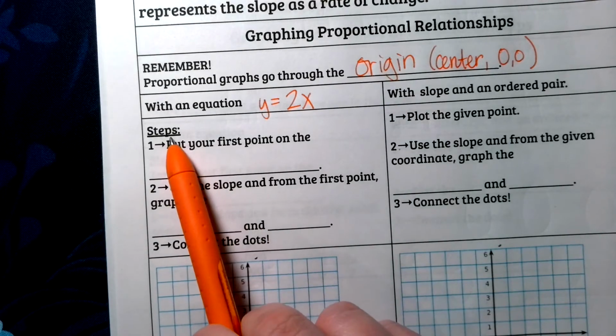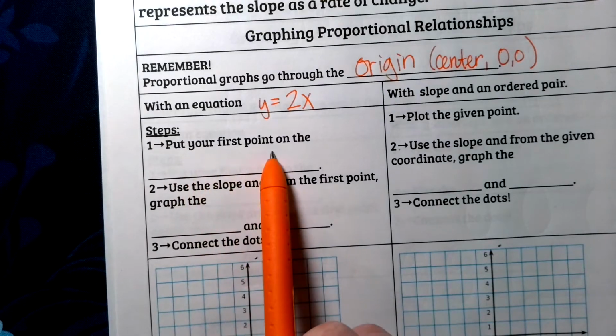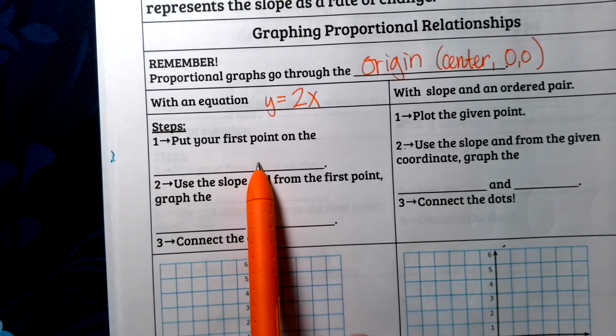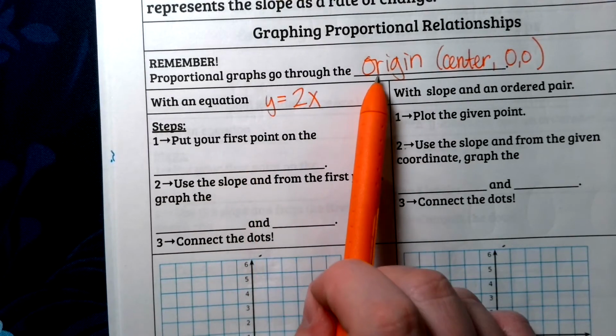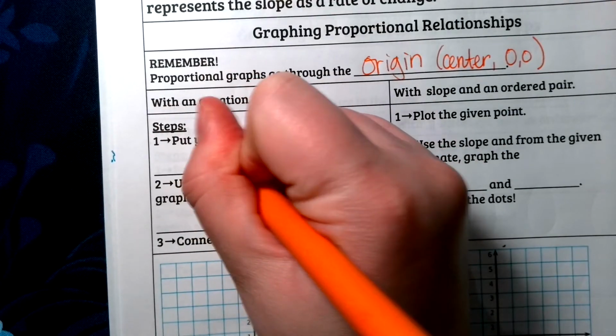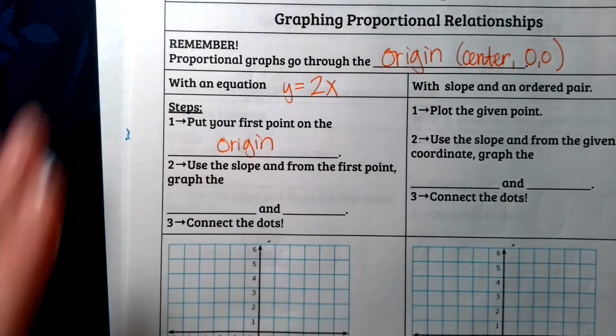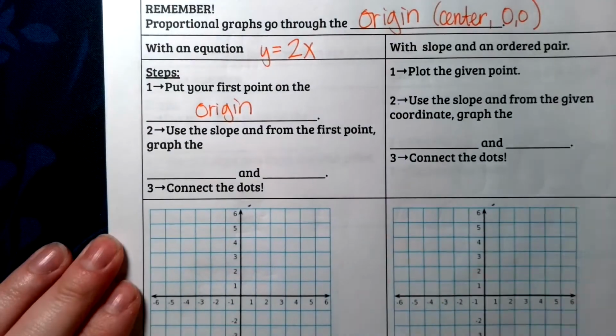The first thing we need to do is put our point on the what? Where do you think we're always going to be starting on these graphs? We're always going to be starting at the origin, with our point right in the middle of our graph.